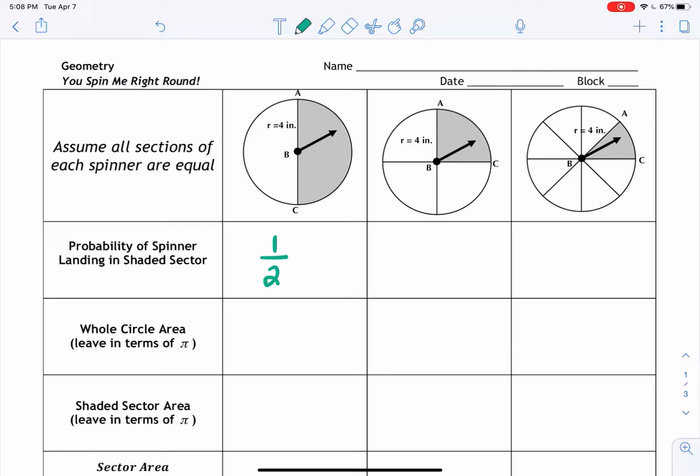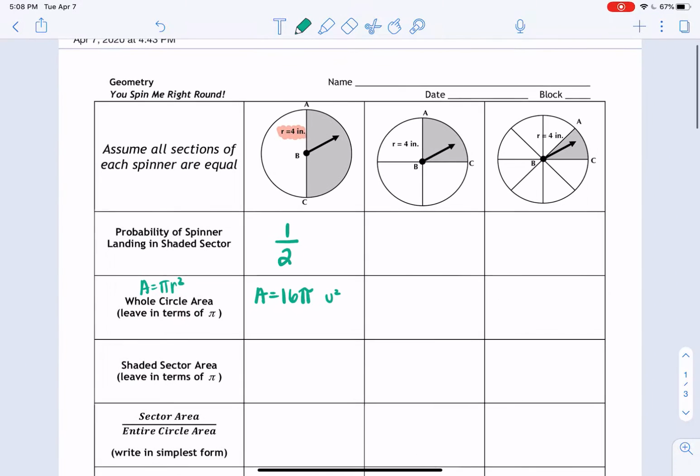The area of a circle is pi times your radius squared. We're given our radius is 4, so 4 squared is 16, so area is equal to 16 pi units squared. The shaded sector area, well, since these are equal pieces, I think it'd be half.